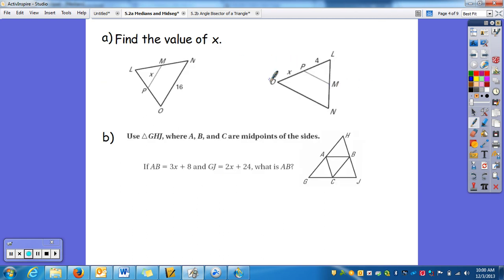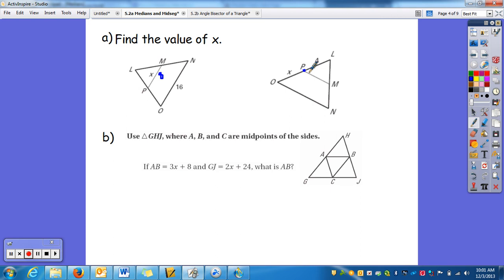Alright, so using that theorem I can find the value of x on this problem. This length here is 16. Here's my midsegment. We just learned that the midsegment is half, so this length here is 8. Now notice this right here is a midpoint, which cuts the side in half.